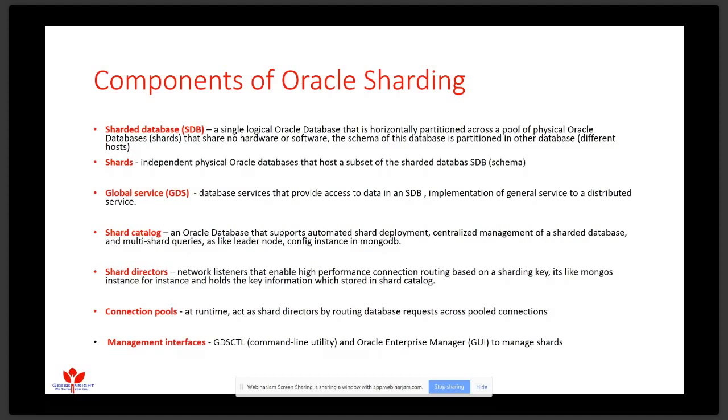Connection pools, as we all know, you can have a pool of connections between this routing and those components, so you can also have connection pools in that. And for the management interfaces, like SRVCTL or CRSCTL, you have GDSCTL, a command line utility, to manage the shards, create shards, and add or delete them, whatever you can do.